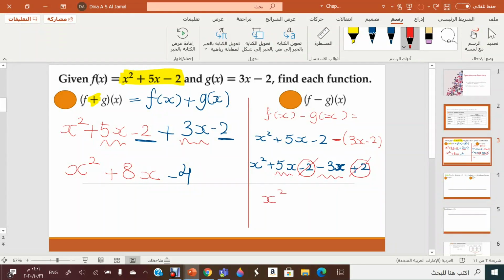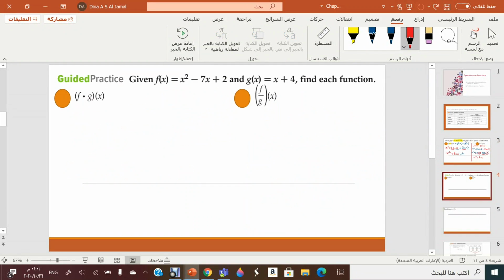So x squared plus 2x. That's it. We did the addition and subtraction. Now let's see multiplication and division.